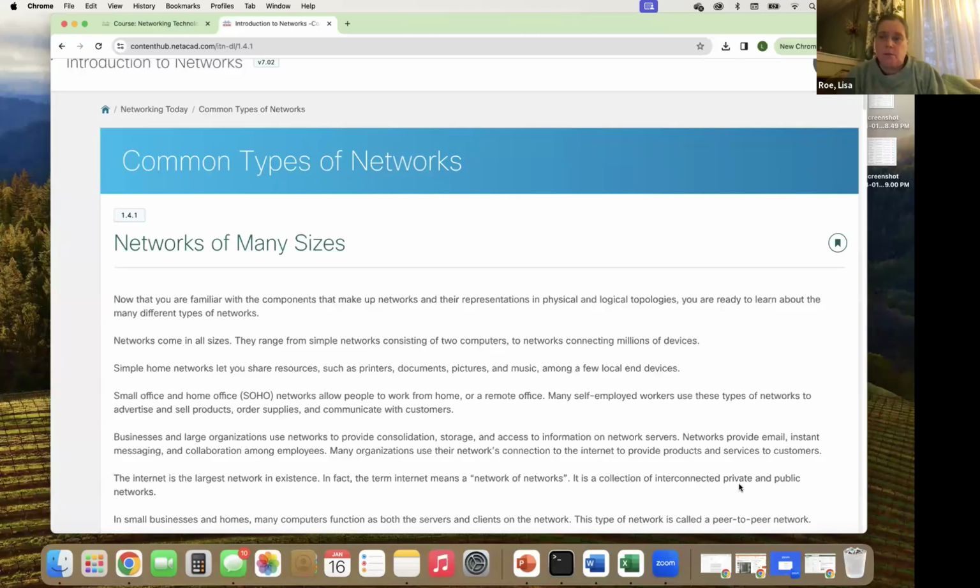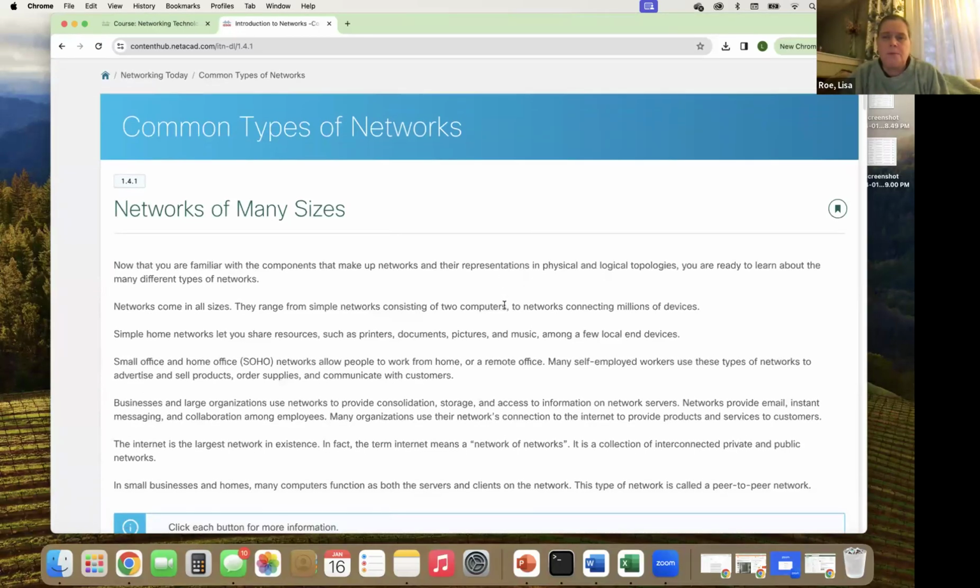So now we're going to talk about some common types of networks that we see. Networks come in all shapes and sizes. The smallest network would be 2 devices connected together with a cable or wireless. An example of that could be your phone to a Bluetooth speaker. Bluetooth is a media, a wireless connection.